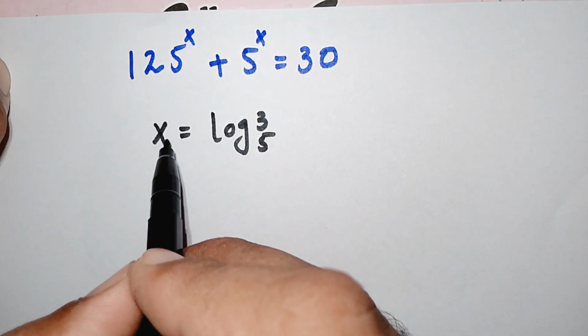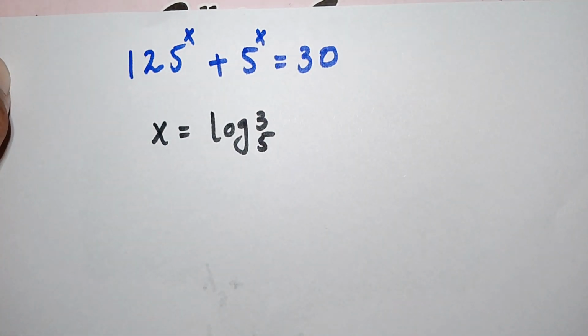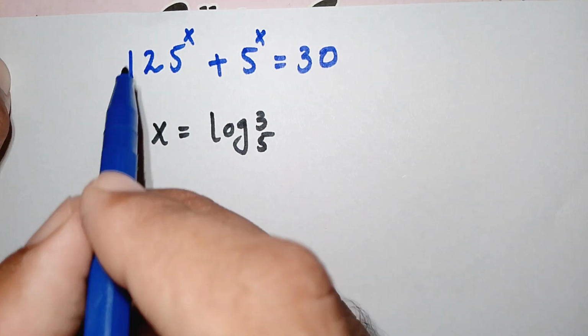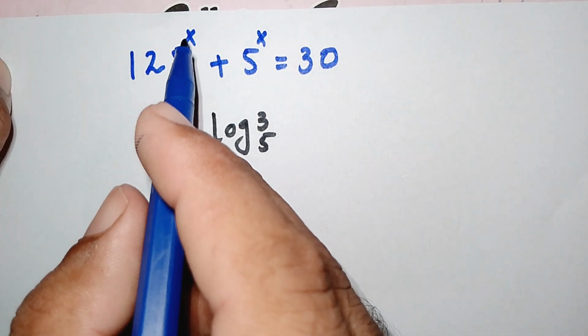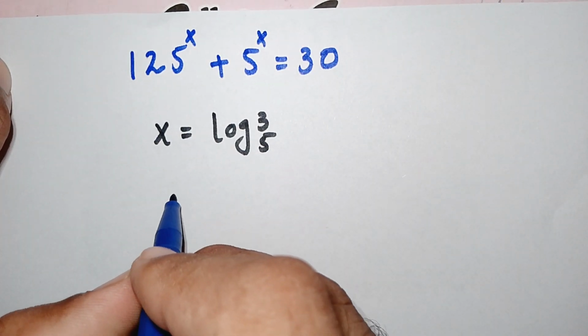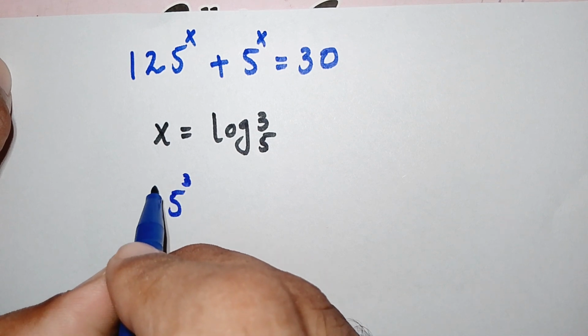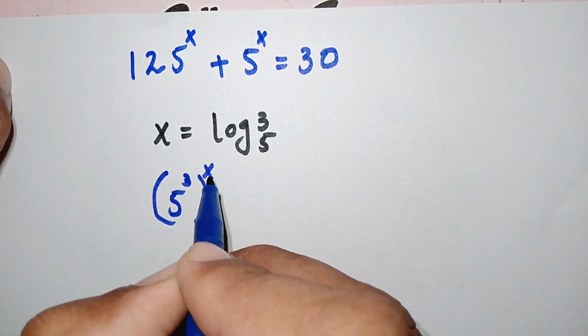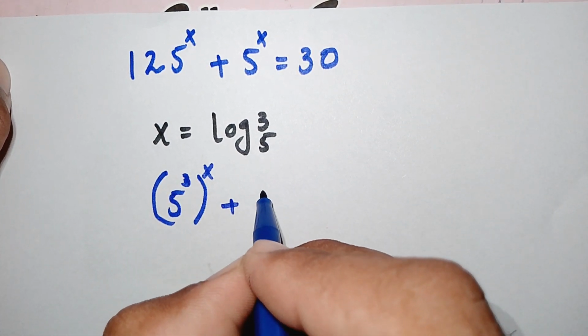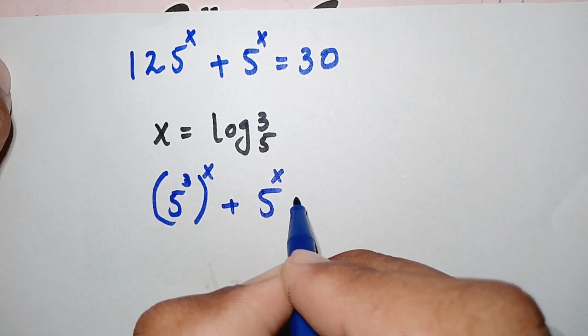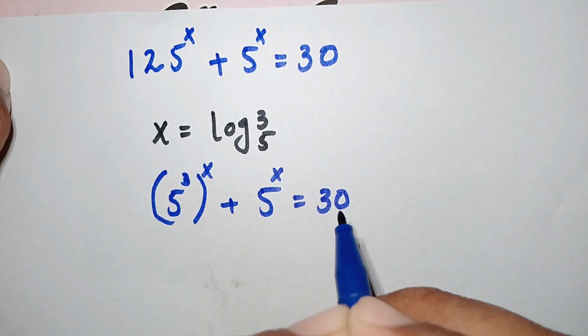So we have to put the value of x in this to check whether this answer is correct or not. So here the question is 125 to the power of x, so this can also be in the form of 5 to the power of 3, to the whole power of x, plus 5 to the power of x, which is equal to 30.